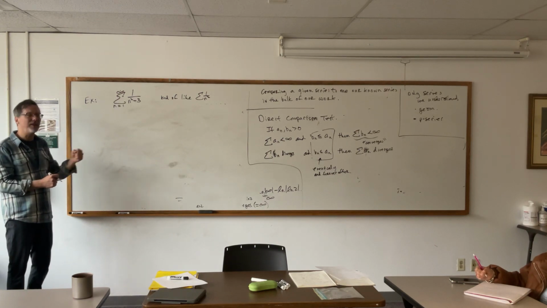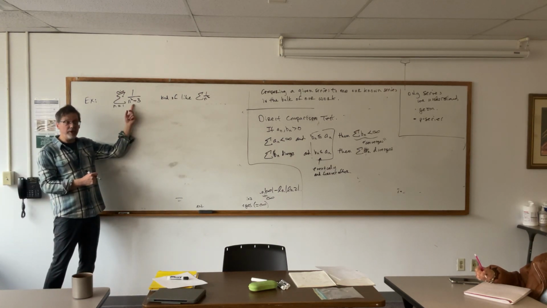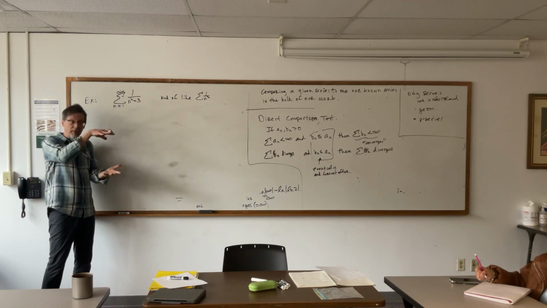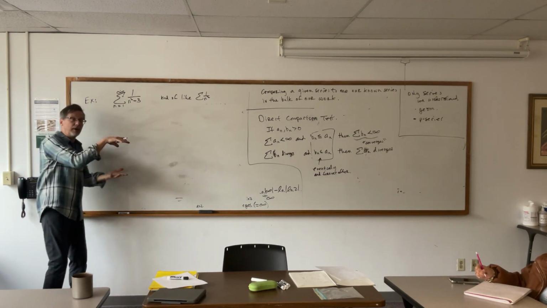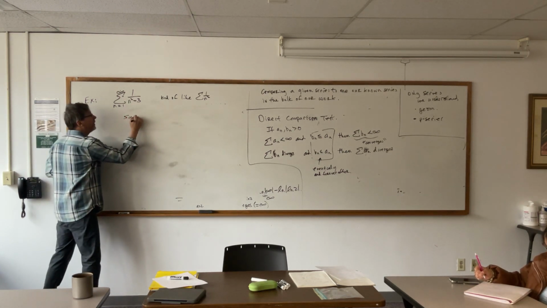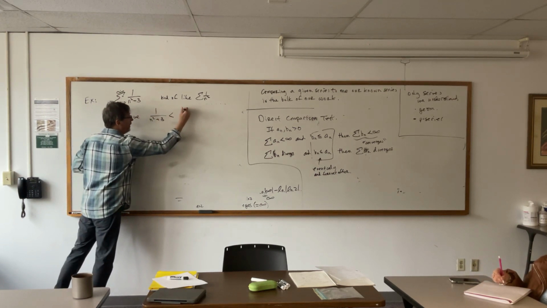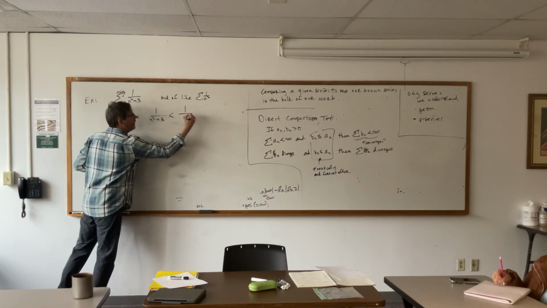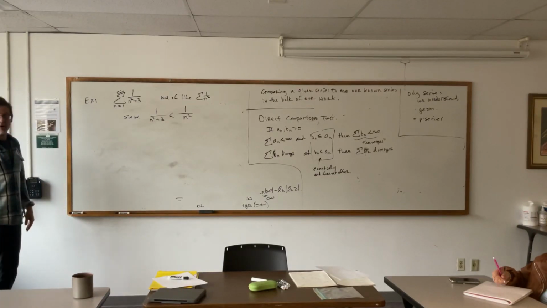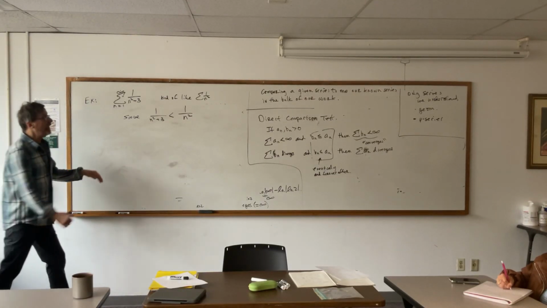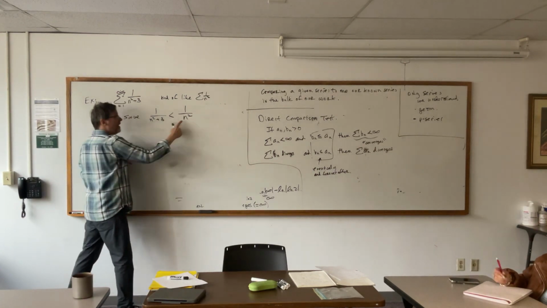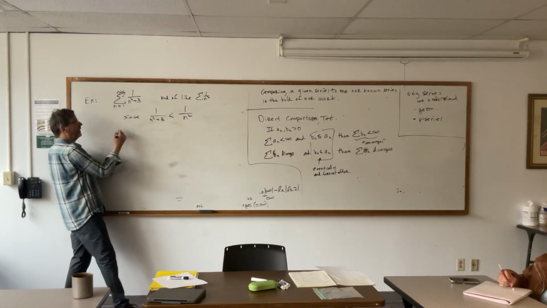Yeah, exactly. So check it out. You're adding more to the denominator that makes the term smaller. So since this thing here is always, it's not even ever equal to it, it's always less than that for every n. If this converges, then this converges.